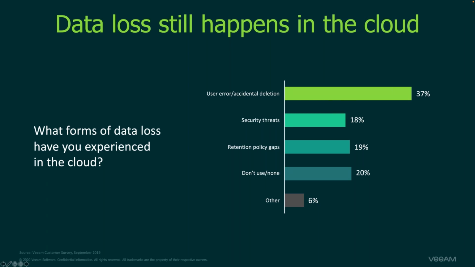So data loss as a result of this outage can happen in the cloud. And obviously it's better to be safe than sorry, and it's better to prepare for it.